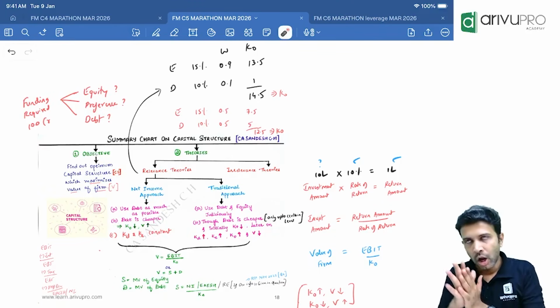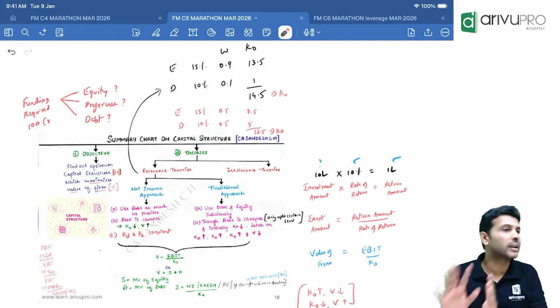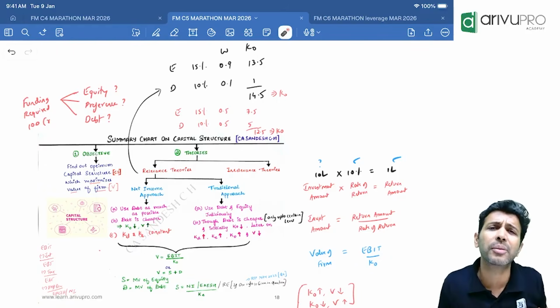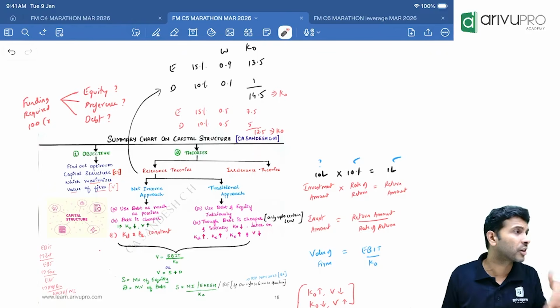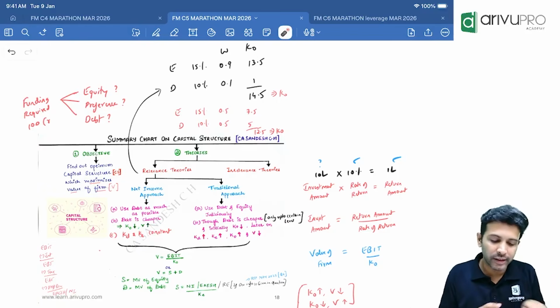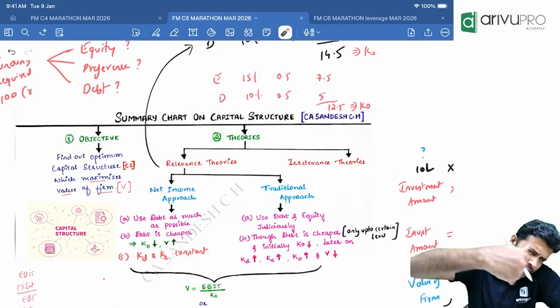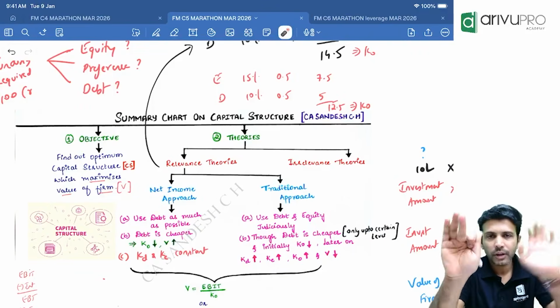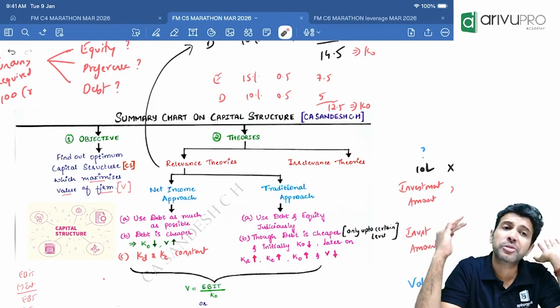Now in this particular topic, we studied relevance theory and irrelevance theory. Relevance theory's argument is that debt is important. By taking debt, you can change your KO, and accordingly your value of the firm also will change. Under relevance theory, the first theory was the net income approach. Its argument was very straightforward: since debt is a cheaper source of finance, use as much debt as possible.